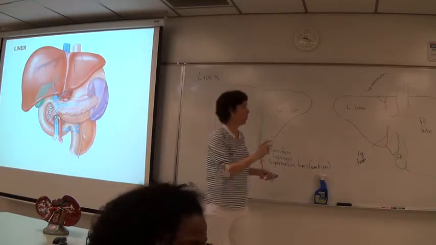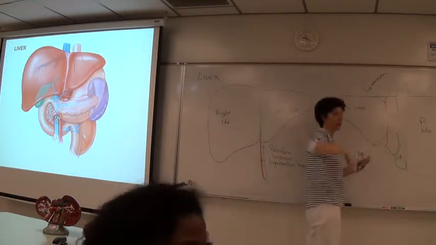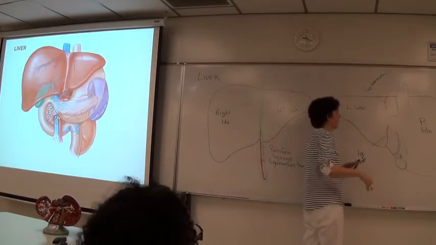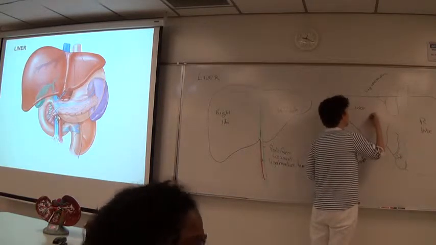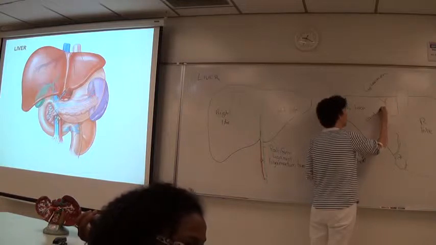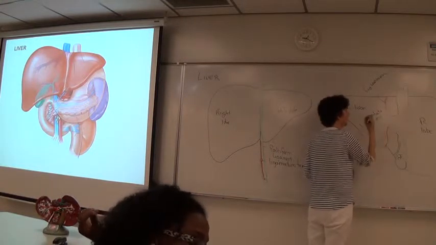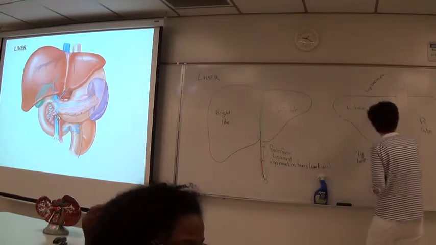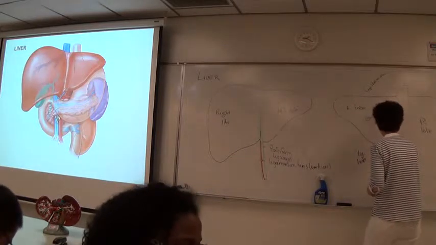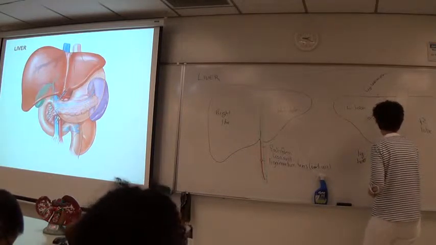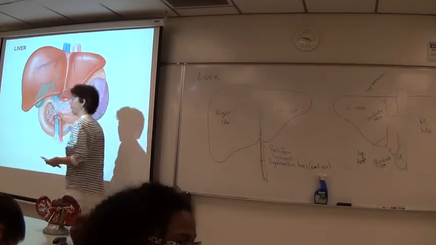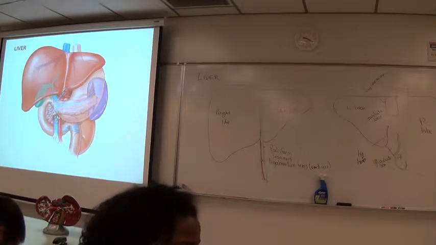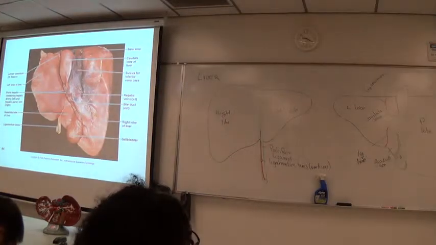But associated with the inferior vena cava, which is against your backbone, if you will, so that's lower towards the tail, this is known as the caudate lobe. And this one is known as the quadrate. So associated with the inferior vena cava, we have the caudate. Associated with the gallbladder, we have the quadrate.